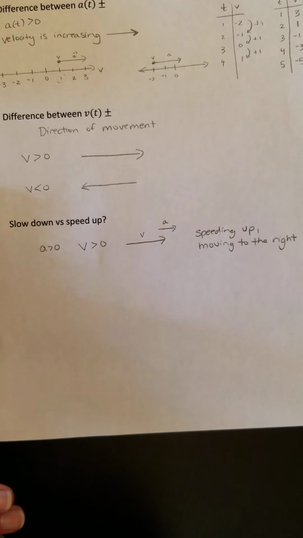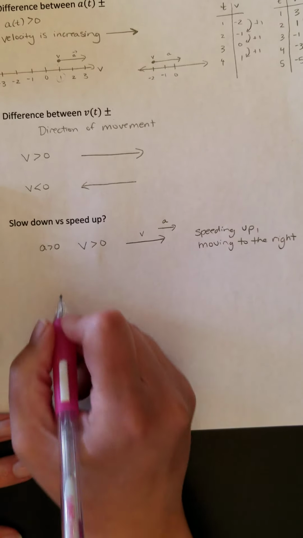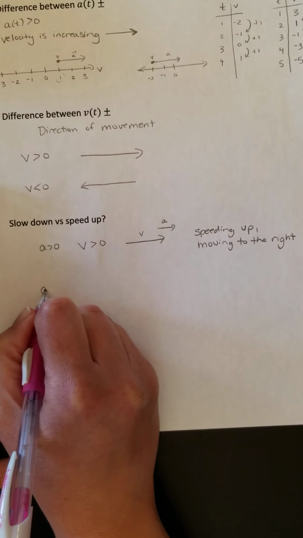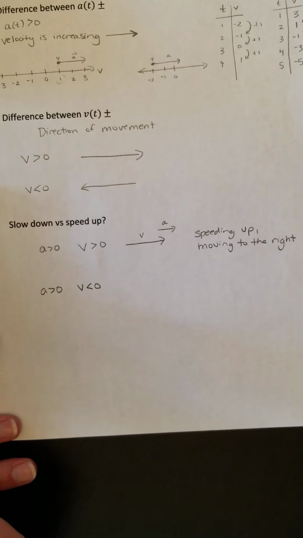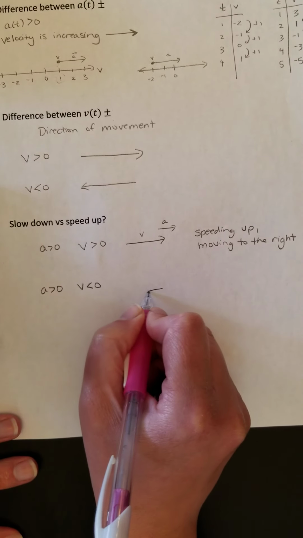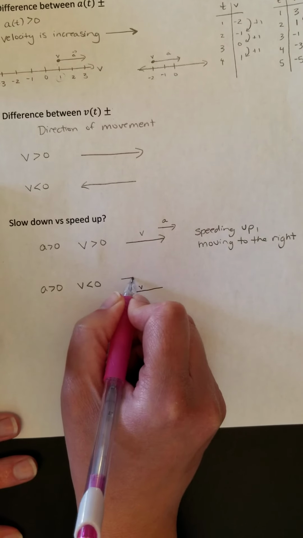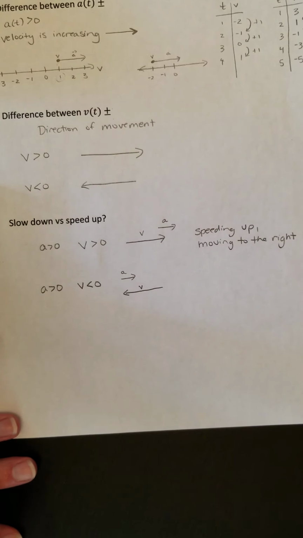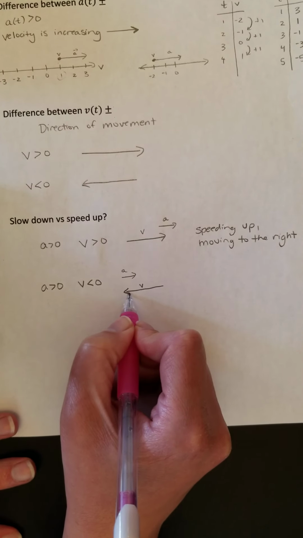We see speeding up or slowing down to refer to the magnitude of the velocity. It's getting to be a bigger number. If we have a positive acceleration but a negative velocity, that means your velocity is moving to the left, but you're increasing those values of the velocity number. So maybe your velocity was -5.